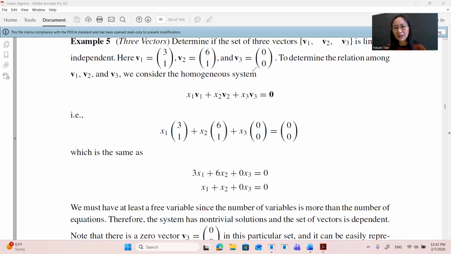As we can see, anytime you have a set of vectors with a 0 vector as one vector in the set, then the 0 vector can easily be represented by the other two vectors, because v1, v2 here, as you can see, I can put 0 times the first vector, 0 times the other vector, and this one with 1 of this 0 vector. So the 0 vector is depending on other vectors.